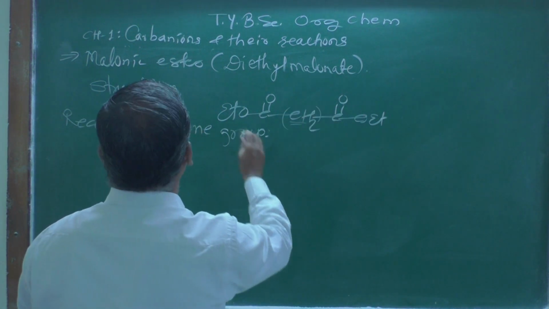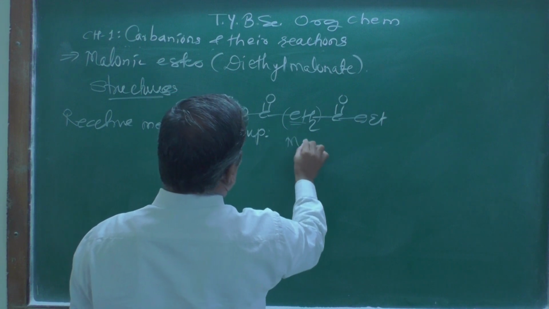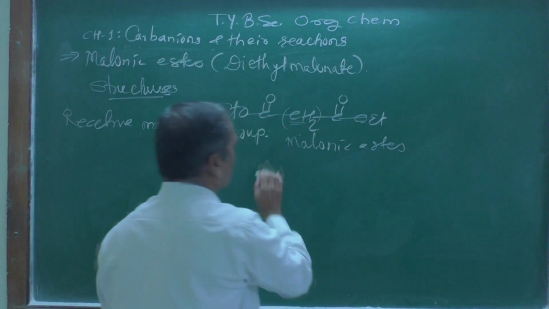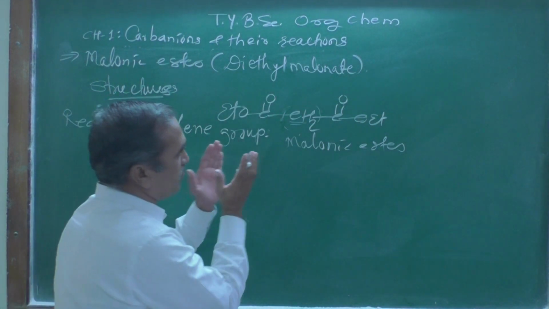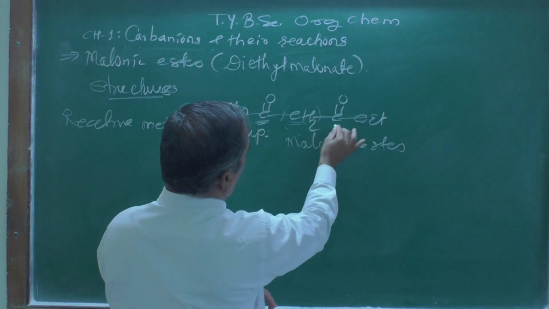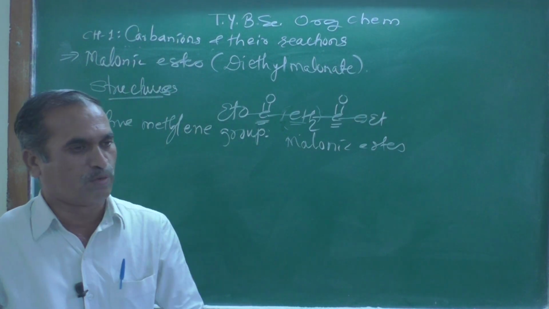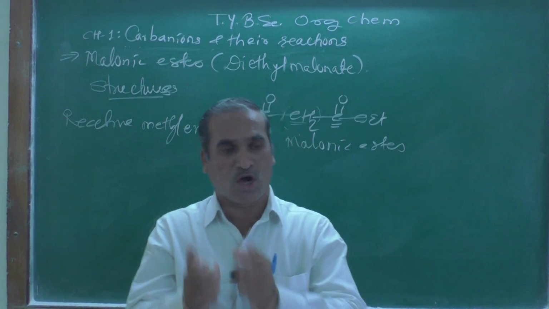If you look at the structure of malonic ester, it has a CH2 group. If you observe this structure carefully, what do you see? On both sides there is a carbonyl group, and as we know the carbonyl group is an electron withdrawing group.